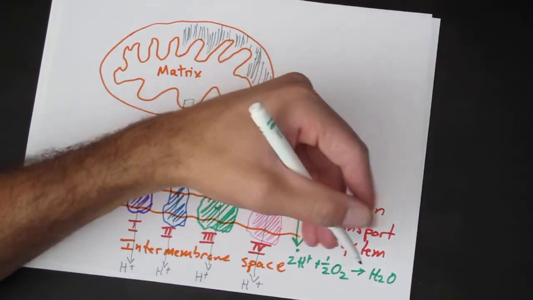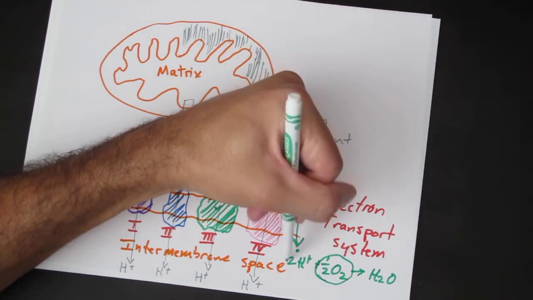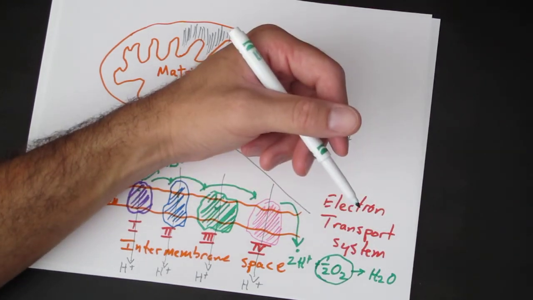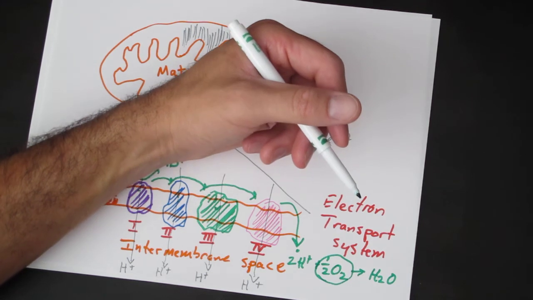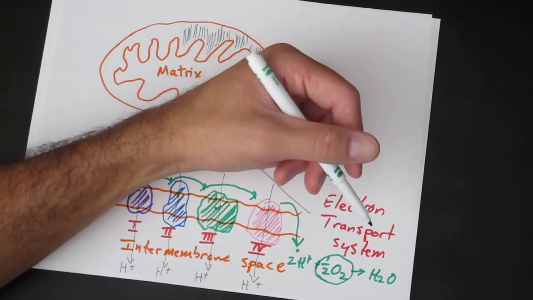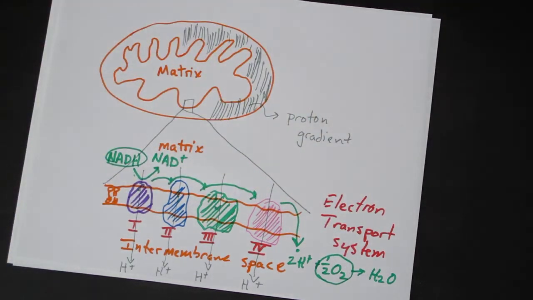So oxygen is going to accept that electron. That's going to allow it to bind with a couple of these protons, and we're going to produce water. That water is what we call metabolic water, and you end up producing about 1/2 liter of it a day. But oxygen here is the ultimate electron acceptor, and that's where that electron eventually goes.